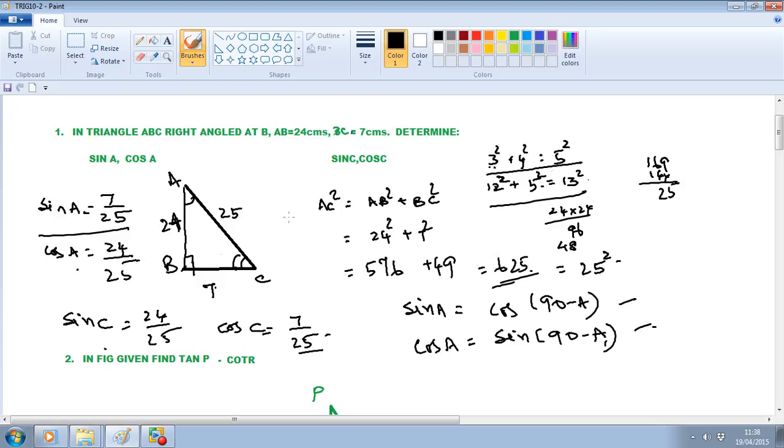We have to remember certain values so that while going further in determining the ratios, it will be very easy for you.